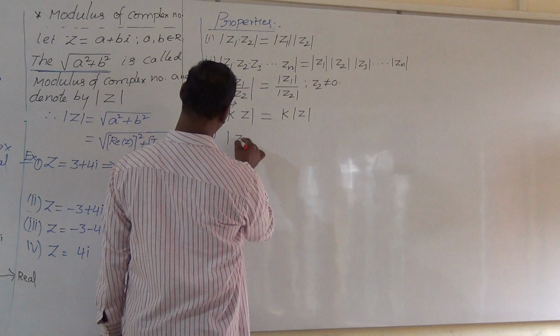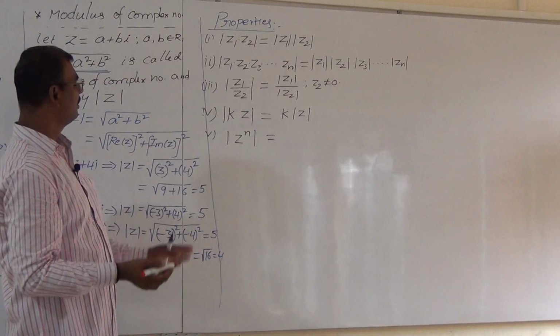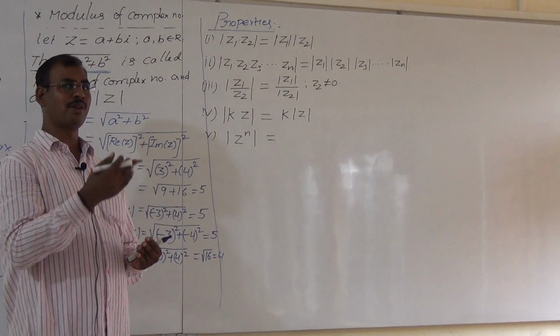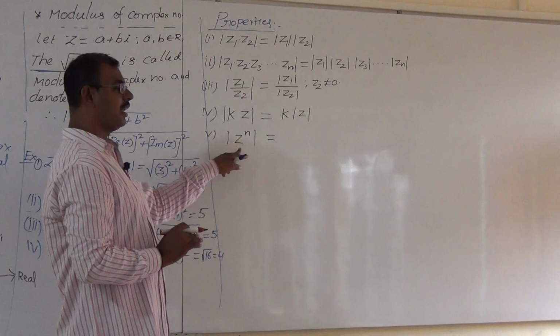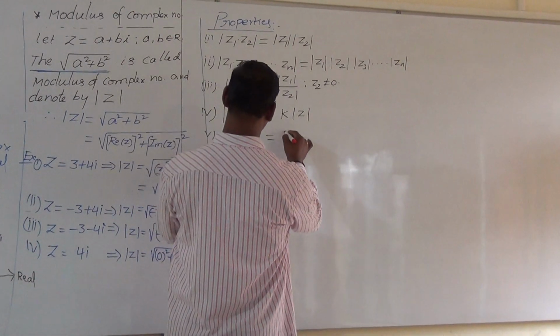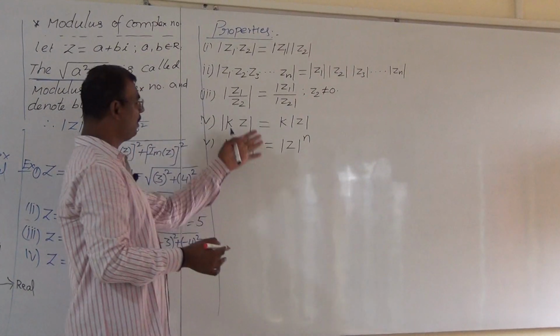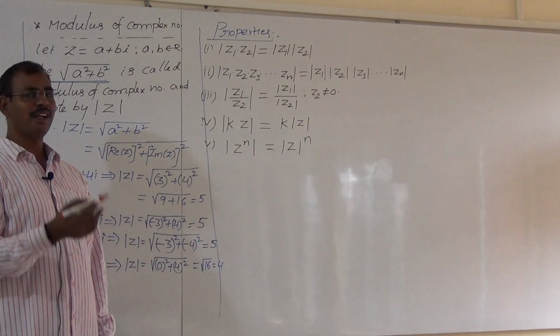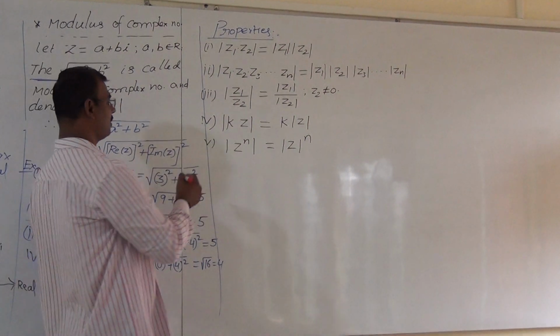Like this, mod of z raised to n, given powers 2, 3, 4. Generally they use a plus b whole square, a plus b whole cube like this. Without using the formula, with the help of this property, mod of z raised to n is equal to mod of z whole raised to n. You apply this property and we get the answer very easily. This is the property of mod of z raised to n.